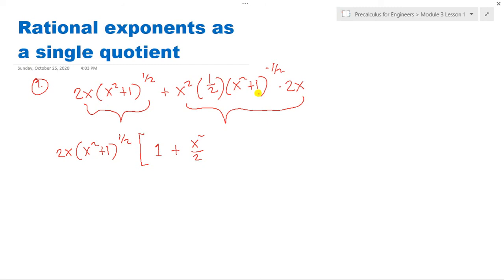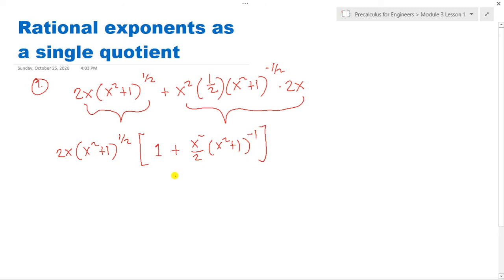So we have negative 1/2 minus 1/2 is equal to negative 1. Because the rule when we factor out is division, and in division is subtraction of exponents. So we have x squared plus 1 raised to negative 1.